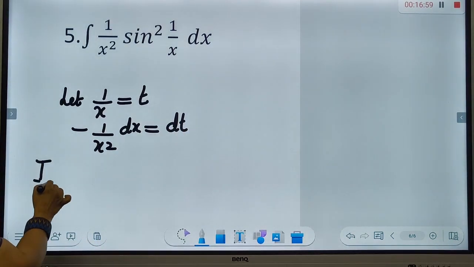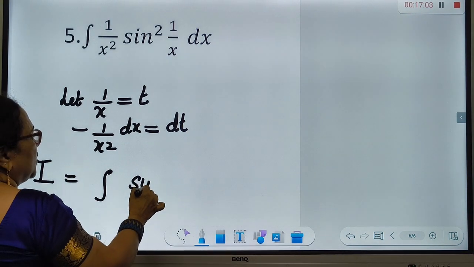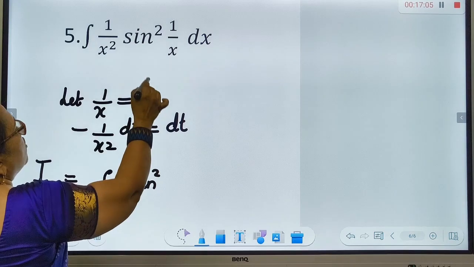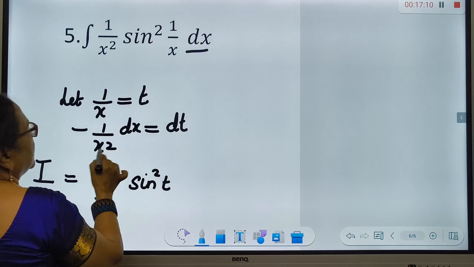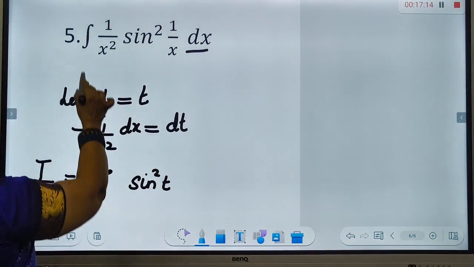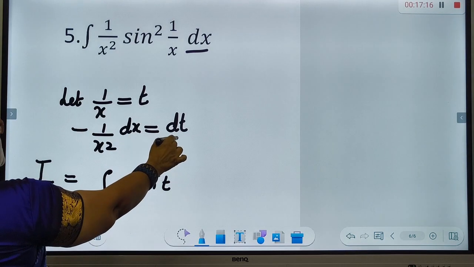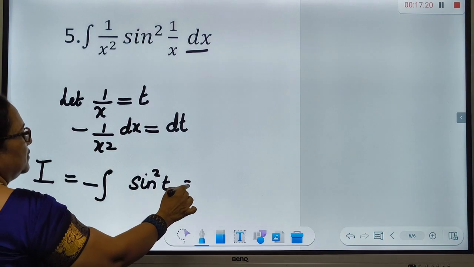So I is equal to the integral of sine t. What is 1 by x? t. What is dt? Minus 1 by x square dx is dt. So 1 by x square dx will be minus dt.